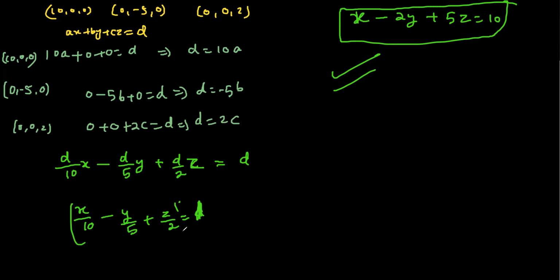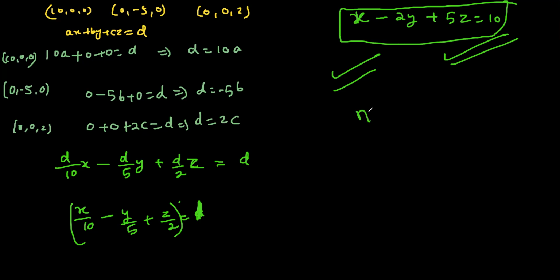You take d common, and here is d also, d cancel. Yes. Okay, so this is your final answer. Understood?